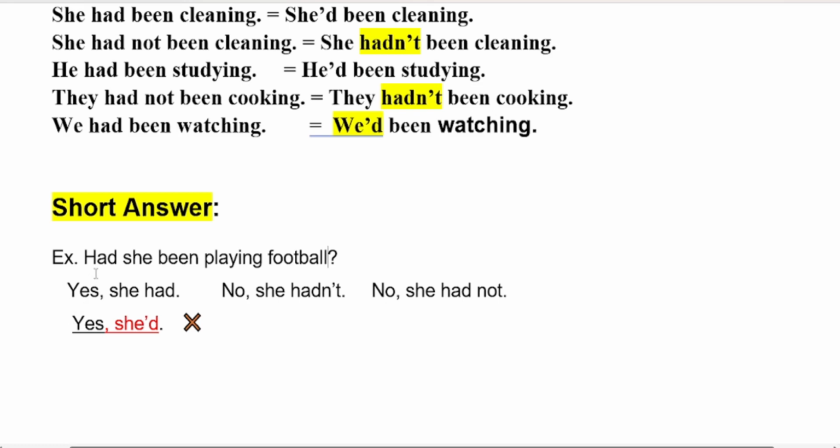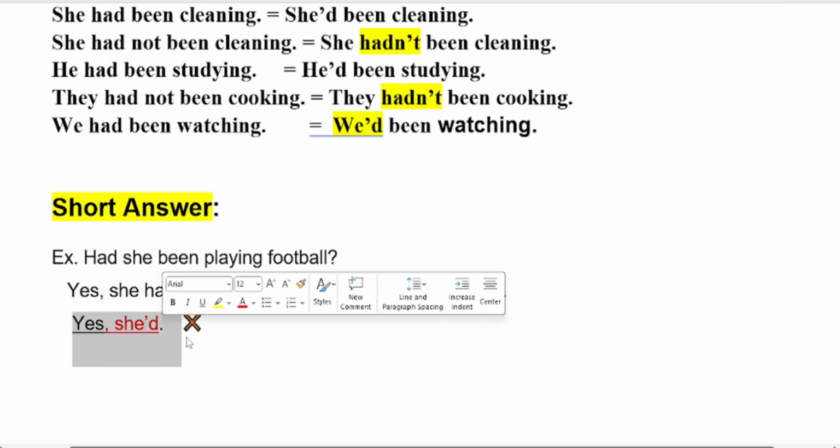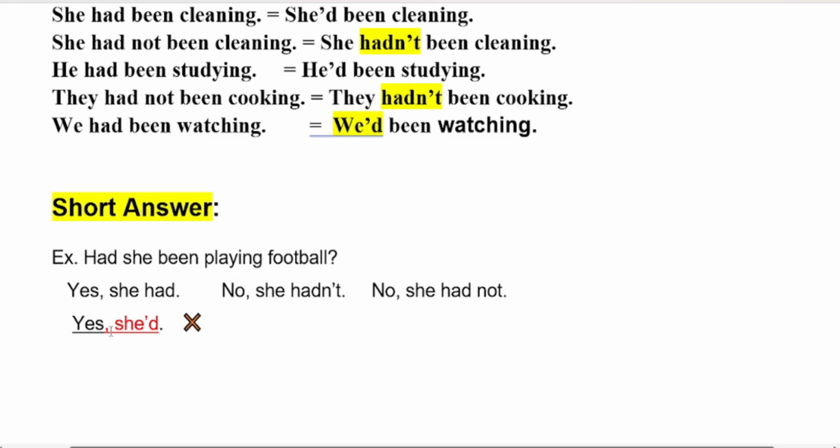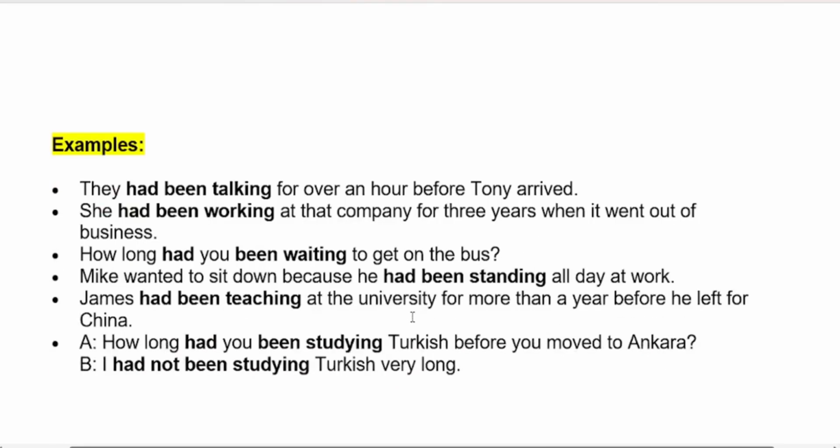No, guys. بچه وقتی سوال میکنین، اگر جواب ما مثبت باشه، مخفف استفاده نمی کنیم. No contraction. Yes, she'd. That's wrong. Do not use that, okay? Yes, she had. But in negative sentences, yes, we can use contraction. No, she hadn't. It's okay. No, she had not.